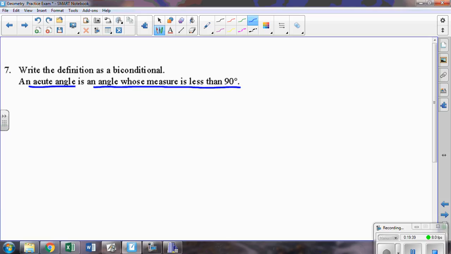Whenever you work with a definition, you will always have your vocab word and you will have its actual definition. The vocabulary word and its definition should be the front and back, the hypothesis and conclusion for your biconditional. We could write this down then as, and of course there's more than one way to do it.